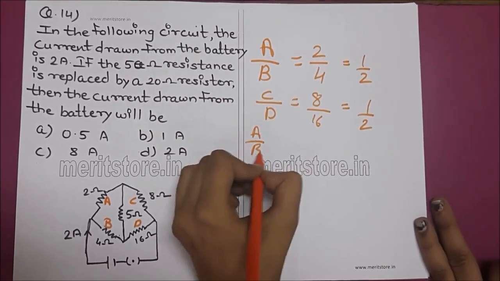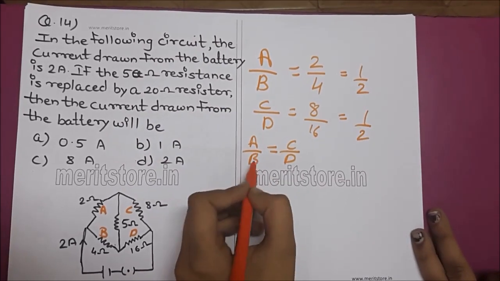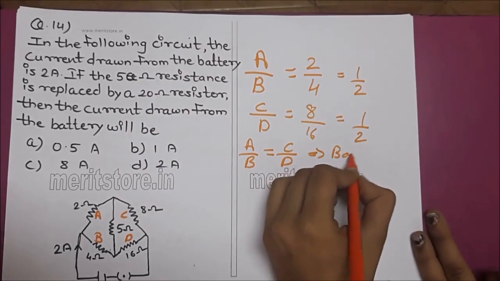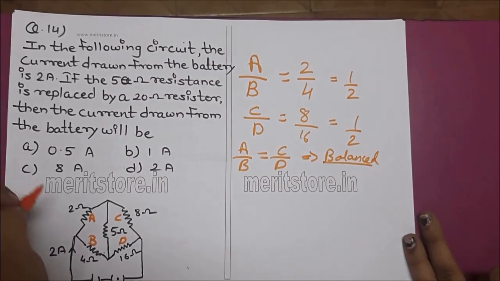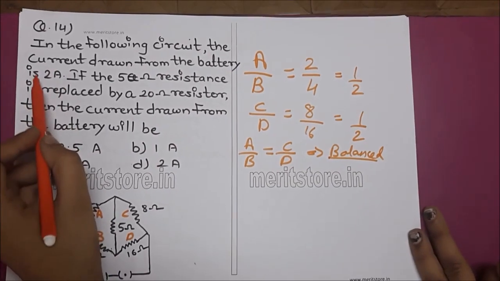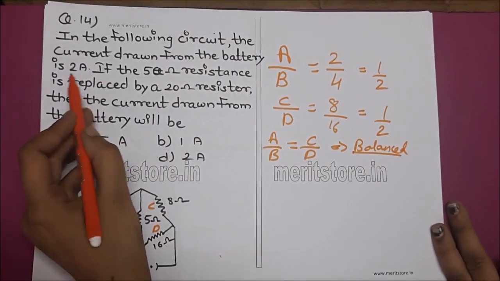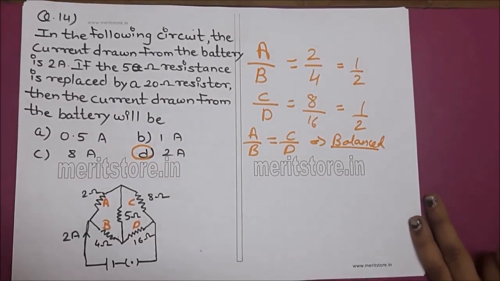Therefore A by B is equal to C by D, because 1 by 2 is equal to 1 by 2. If the ratios of them are equal, it's a balanced Wheatstone's bridge. And since it is balanced, the current which was flowing before, the same current will also flow later. Therefore 2 amperes was flowing before, the answer will be 2 amperes. Option D is the correct option.